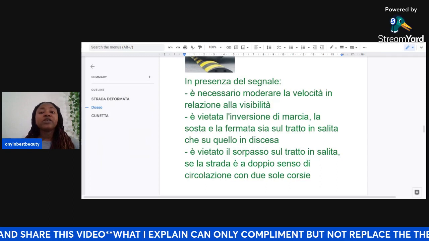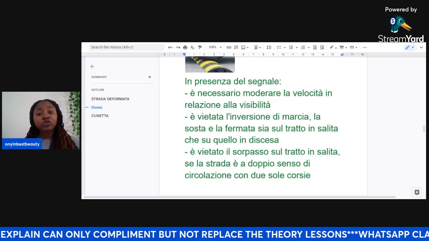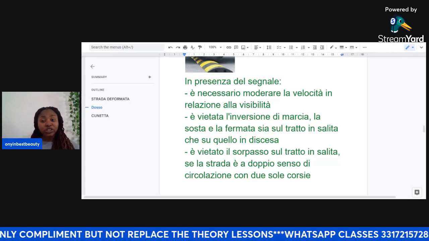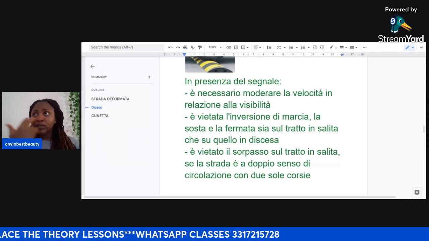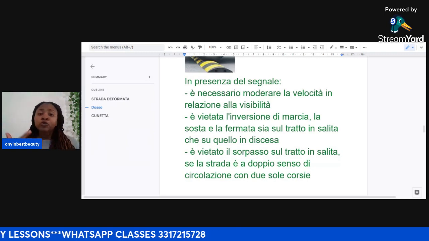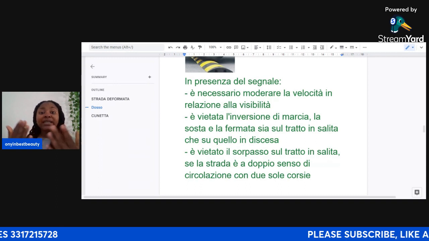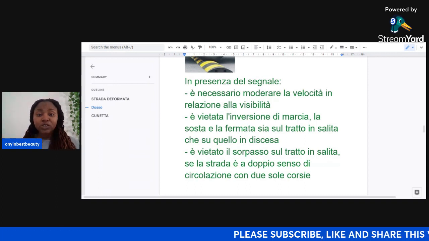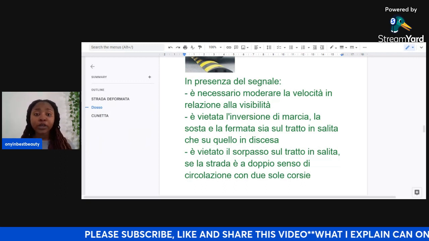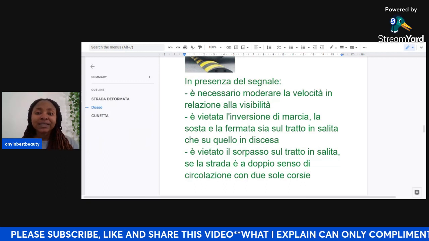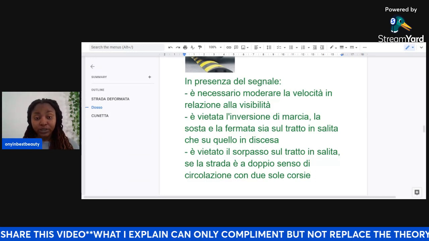Now, when you see yourself on a road with only two lanes like that, and you approach a dosso, approaching, what I mean is the starting point of the climb, you cannot do overtaking because you're not seeing those who are coming from the opposite direction, to know if a car is actually coming. So when you're climbing the dosso, so long as that road has just two corsie used for going and coming, you can't do overtaking because you're not seeing the people coming from the opposite direction.